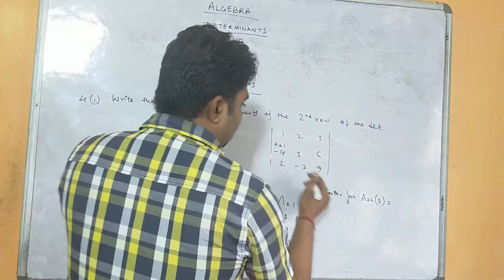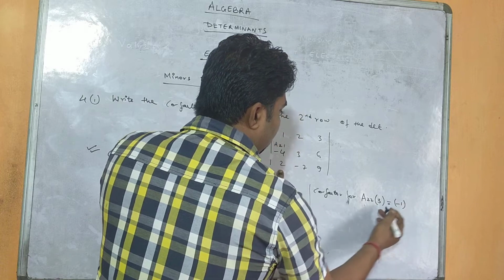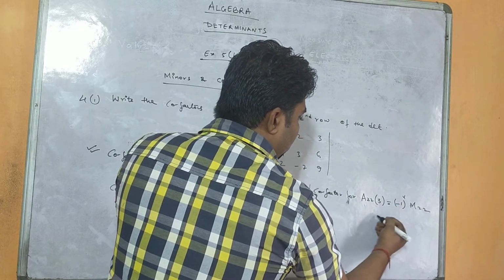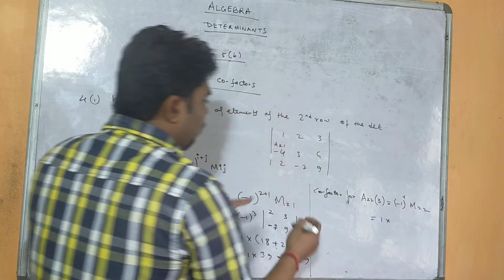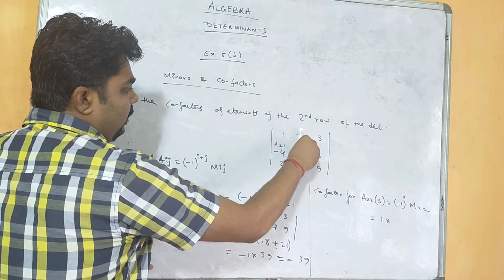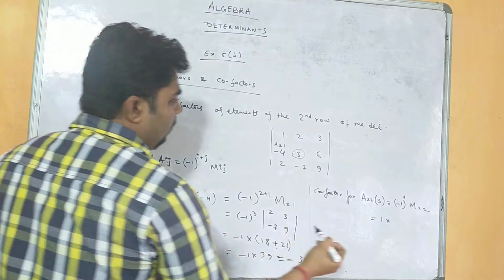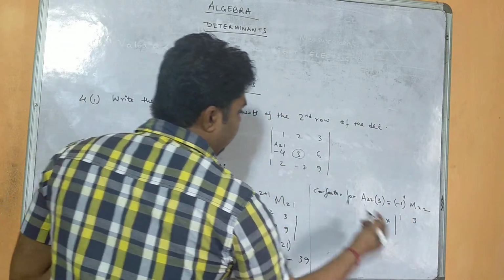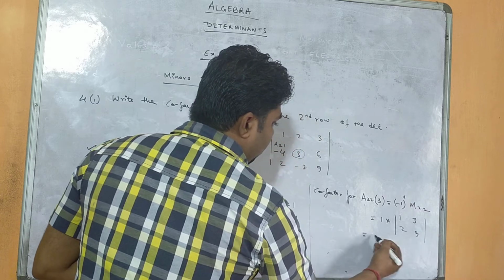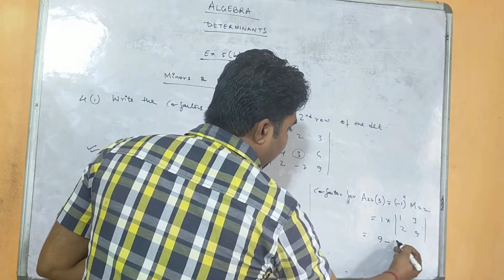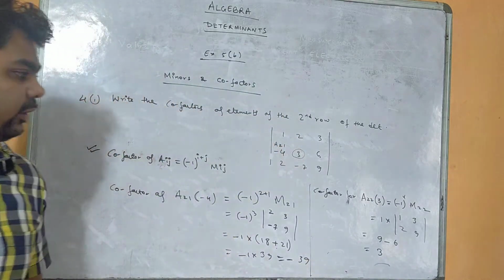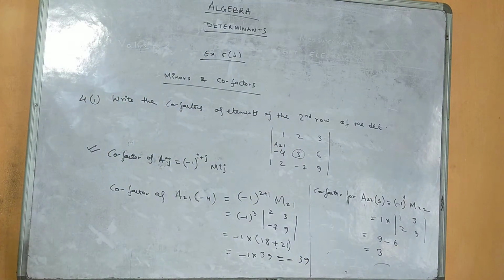Now minus 1 to the power 2 plus 2, that is 4, so 1 times M22. For this position you hide the corresponding row and corresponding column. You will get 1 3 2 9. So 9 times 1 is 9, minus 6. Here you will get 3. So the cofactor of A22 you will get as 3.